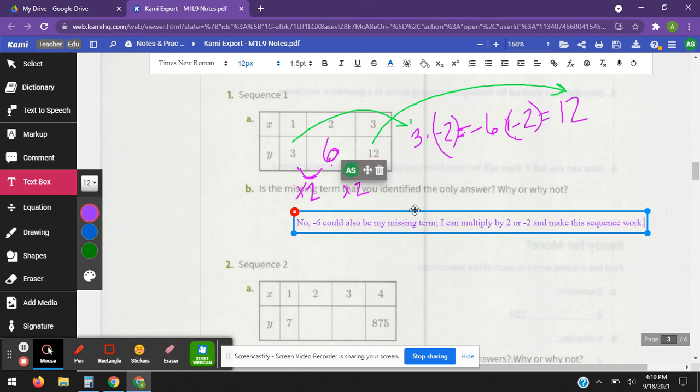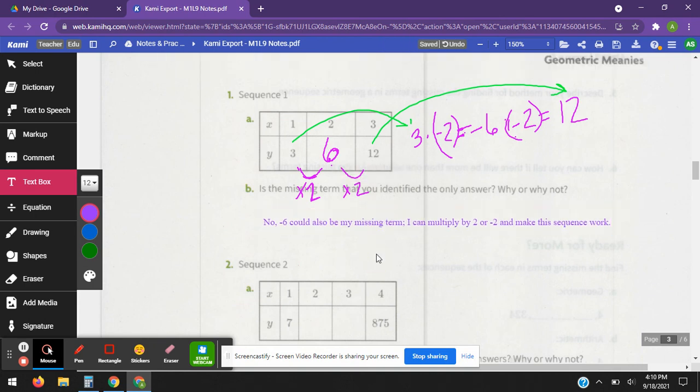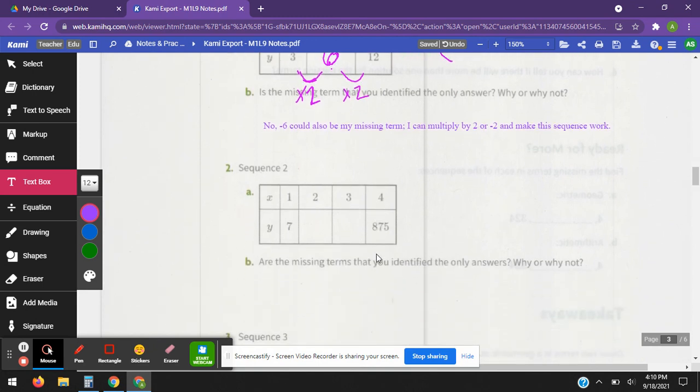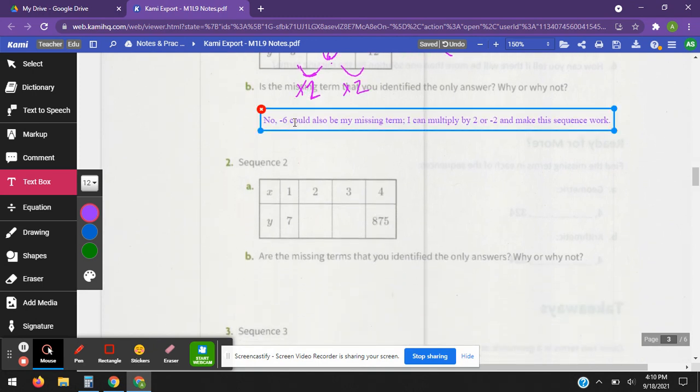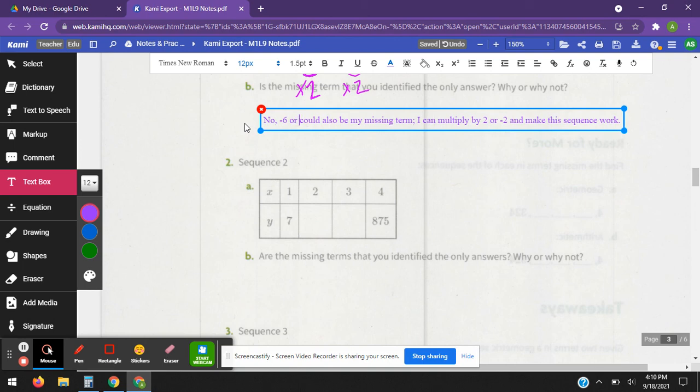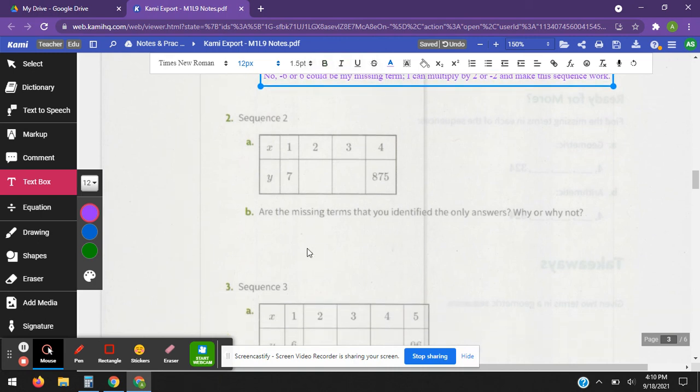All right, I actually had 2 answers for this one, 6 or negative 6. I'm going to put negative 6 or 6 could be my missing term. There we go. All right, let's look at our second sequence.